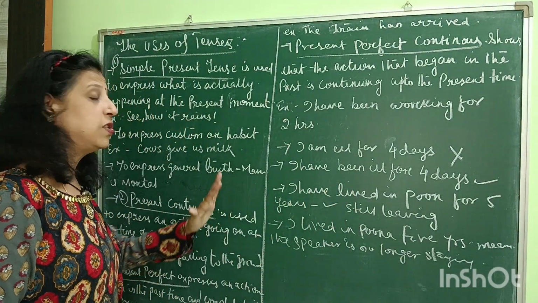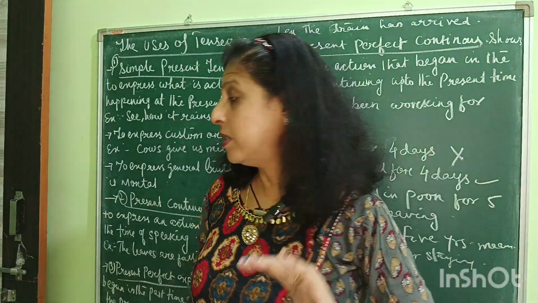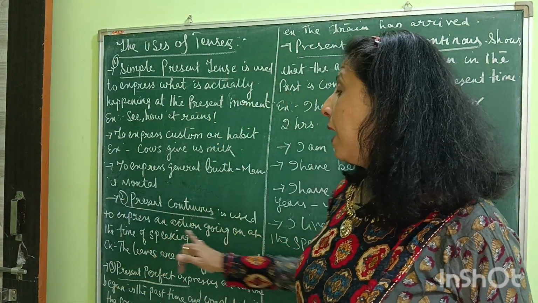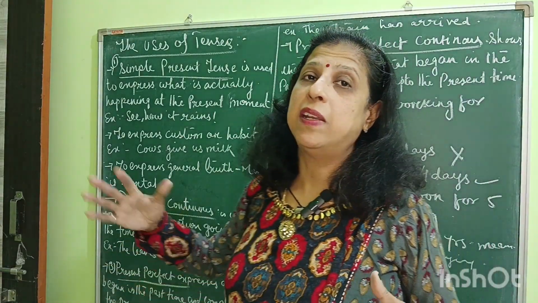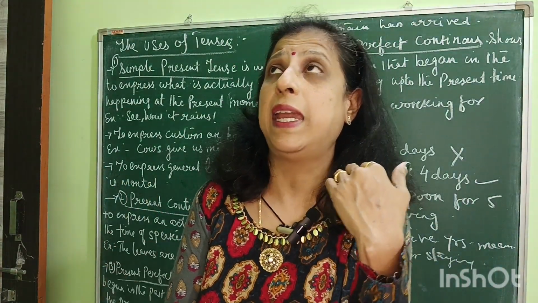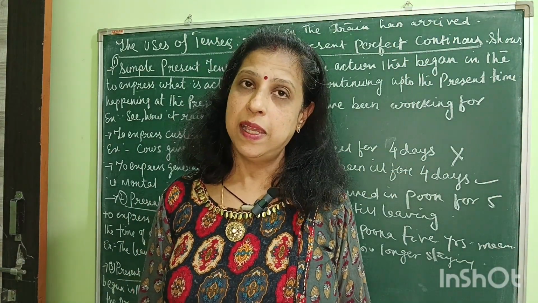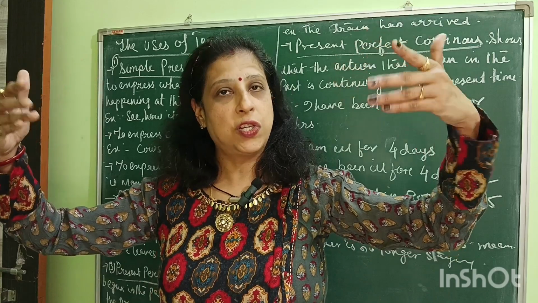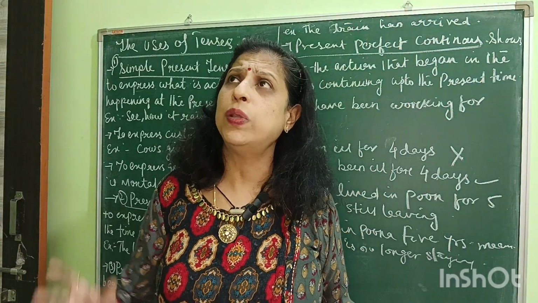Present continuous is used to express an action that is going on at the time of speaking. Suppose if I say, the leaves are falling to the ground, it means you are speaking, but the action is going on. The leaves are falling to the ground. Yeah, it is true, the action is going on.